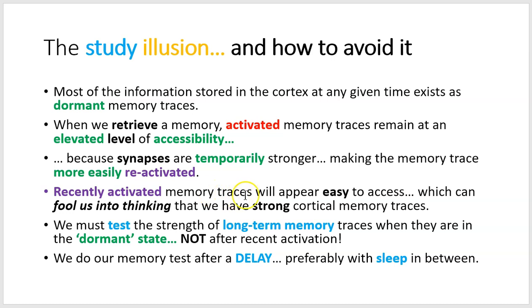Recently activated memory traces will appear easy to access, which can fool us into thinking that we have strong cortical memory traces for this information. We must test the strength of long-term memory traces when they are in the dormant state, not after recent activation. How do we do that? We do our memory test after a delay, preferably with sleep in between.